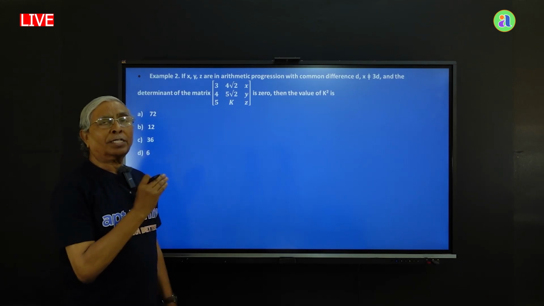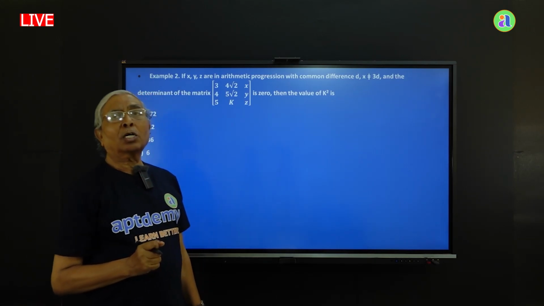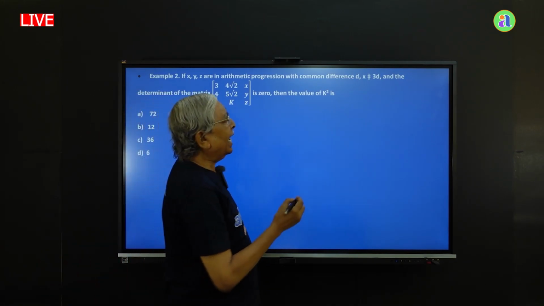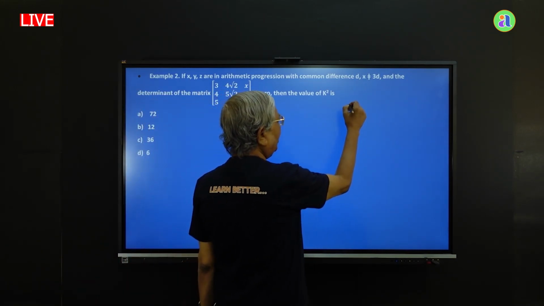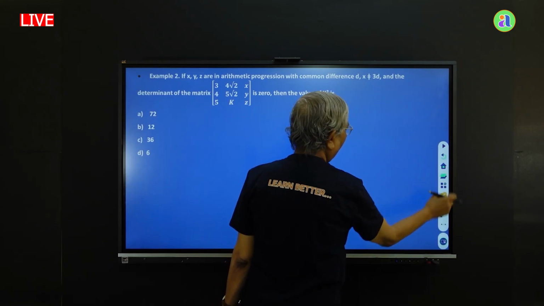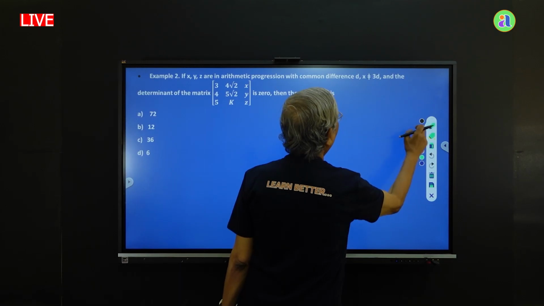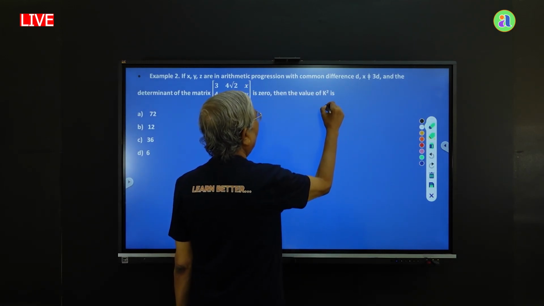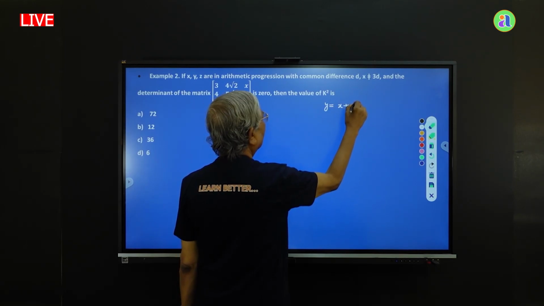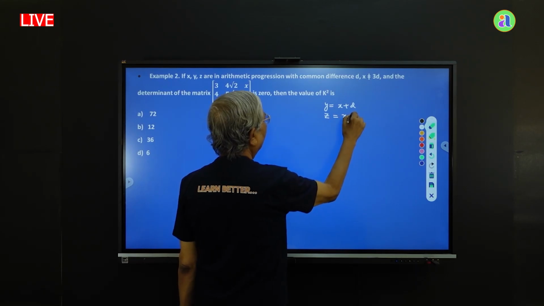So first, note that x, y, z are in AP with common difference d. That means you can write y is equal to x plus d, and z equal to x plus 2d.